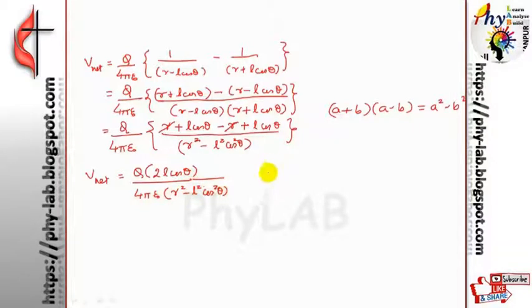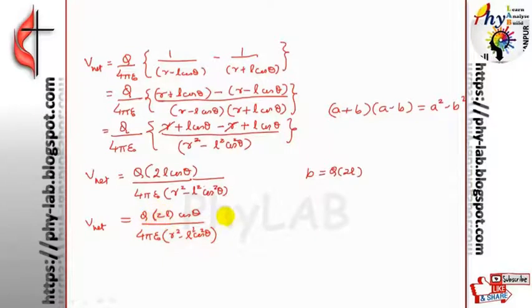Now, as we are talking about a dipole, you should know that a dipole is not defined in terms of charge or the distance. A dipole is defined in terms of a term called dipole moment, denoted with the symbol P. So P is equal to Q into 2L. So in the numerator part, friends, V net can then be written as Q into 2L into cos theta upon 4 pi epsilon naught R square minus L square cos square theta.